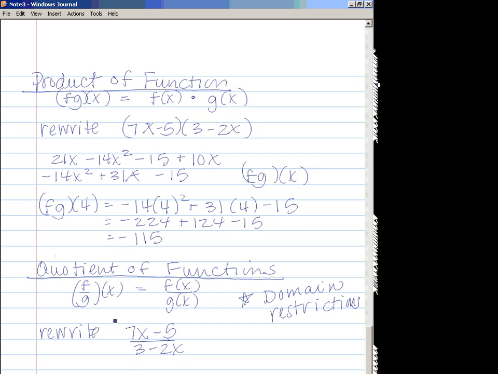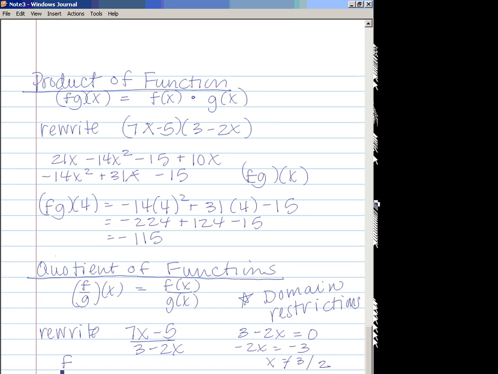Now there's nothing we can simplify. This is as simple as it gets because we have a term on top and a term on bottom. These terms don't match, so we can't cancel anything out. We do need to look at our domain restriction. So we take our denominator, set it equal to 0, and solve for x. So as long as x doesn't equal 3/2, then we're fine, and I promise I won't ask you to evaluate that.